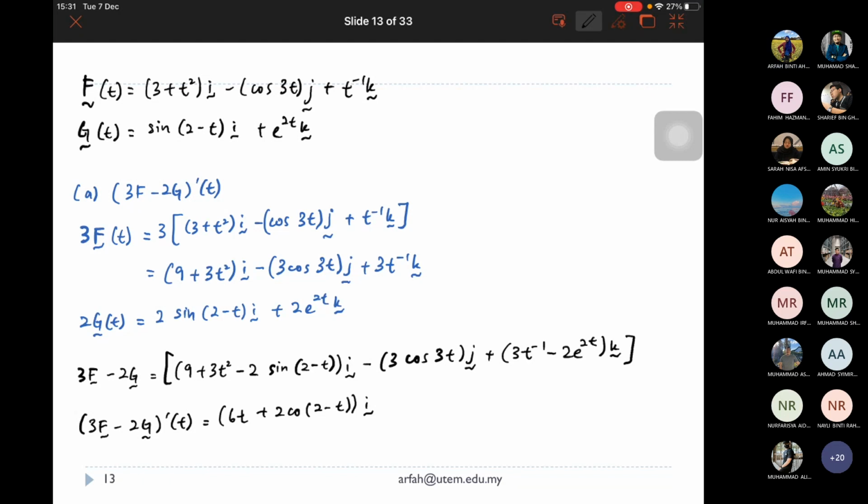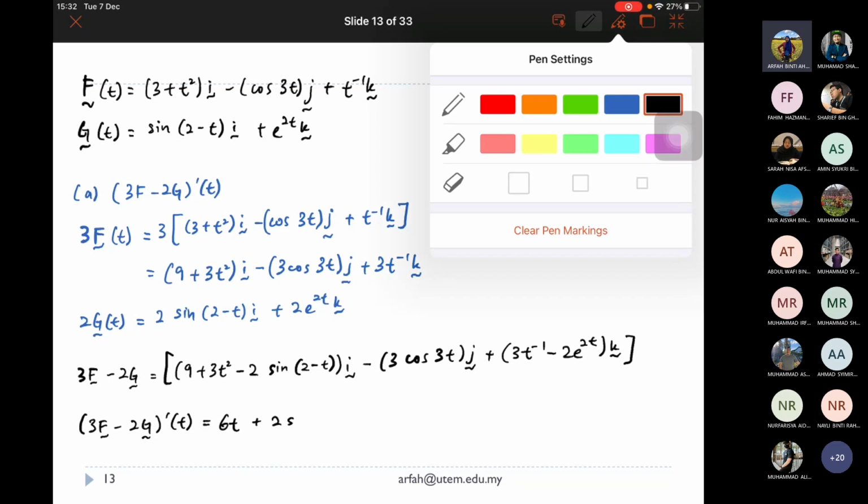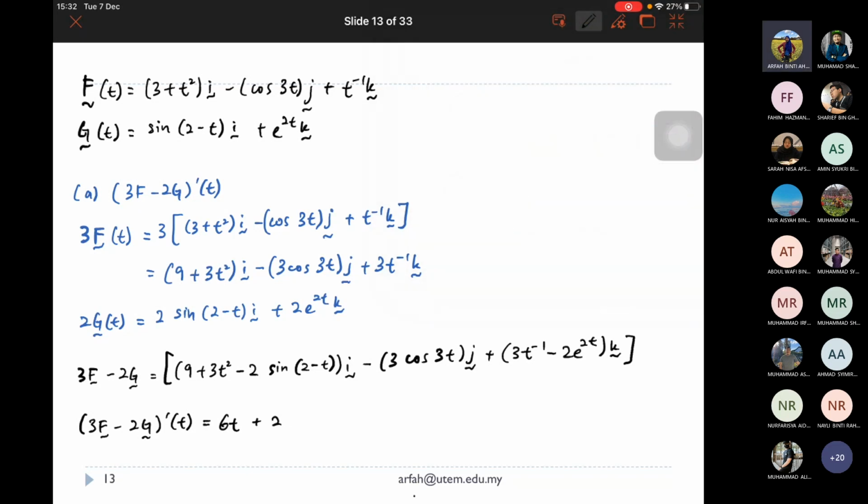Okay. Tak lawa lah aku tulis. So it will become sama dengan 6t tambah 2 cos 2 tolak t. Okay. i. Okay. Tambah dengan 9 sin 3t j.